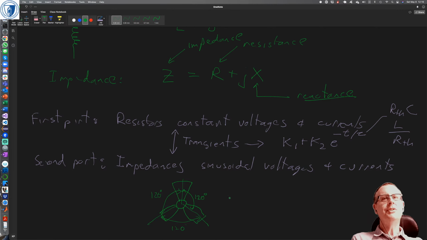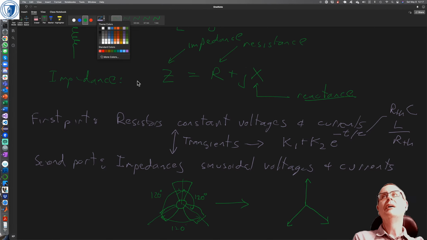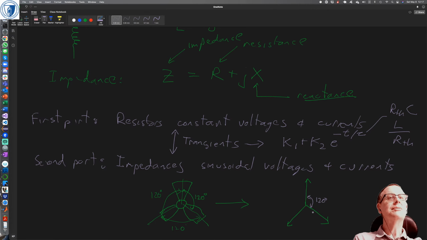And the voltages that those rotating machines generate, we can draw them as phasors. I've drawn that badly, but again, each of these phasors is 120 degrees out of phase.